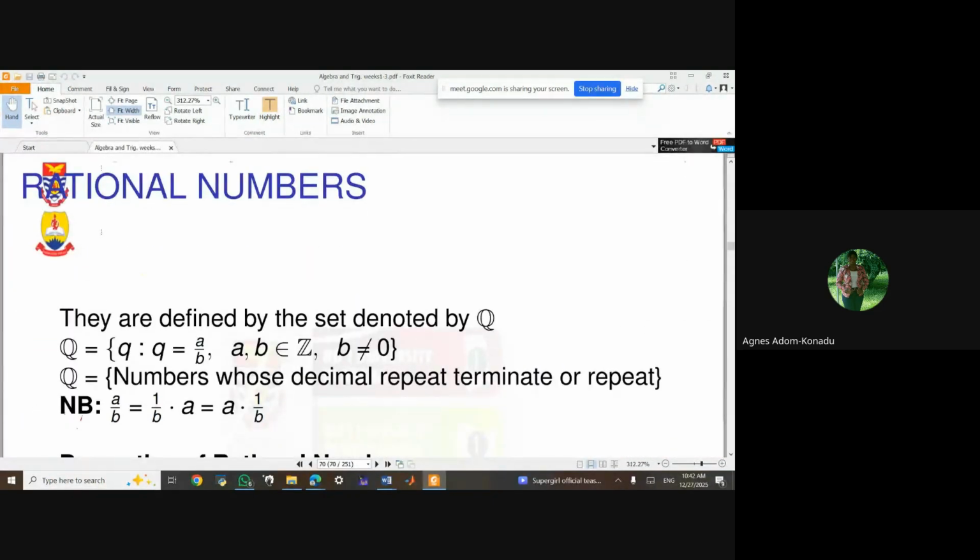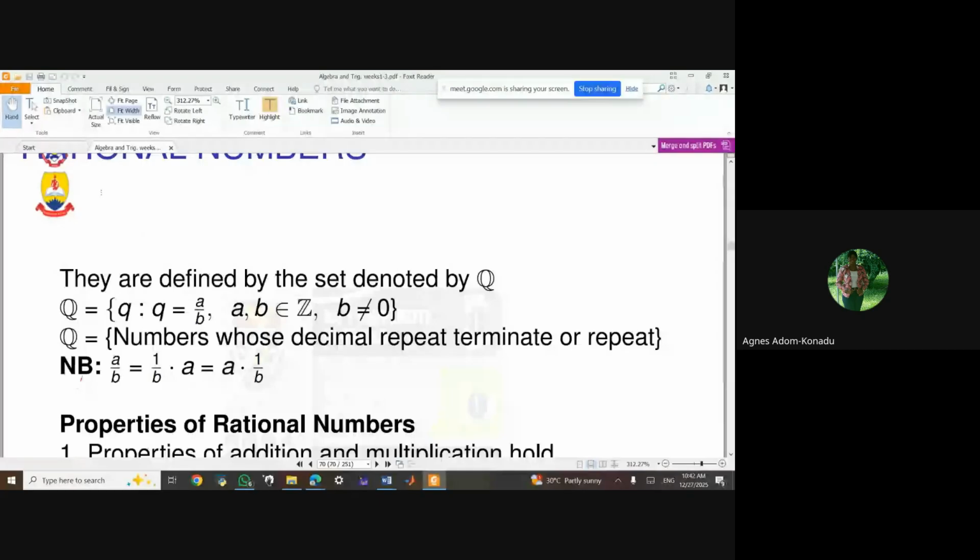So we can also look at rational numbers. Rational numbers are denoted by the set Q, defined as Q equals A over B, where A and B are in Z and B cannot be 0. So Q is the set of numbers whose decimal representation terminates or repeats.